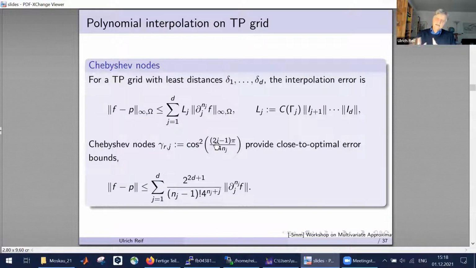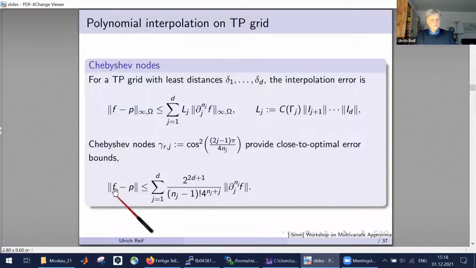But there is one nice consequence of this result. If you are free to choose the interpolation nodes, then, as in many cases, it's the best choice to use Chebyshev nodes, so the zeros of the Chebyshev polynomials, as interpolation nodes. And in this case, you get the following nice result.